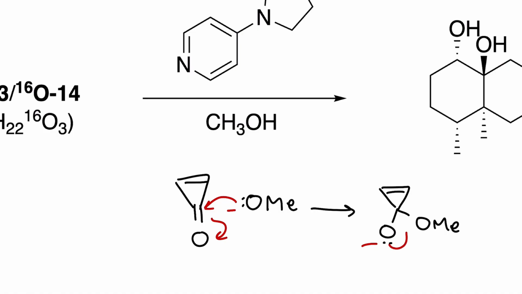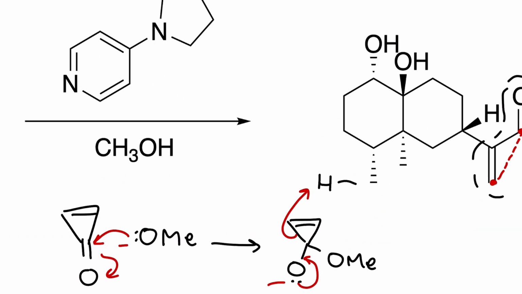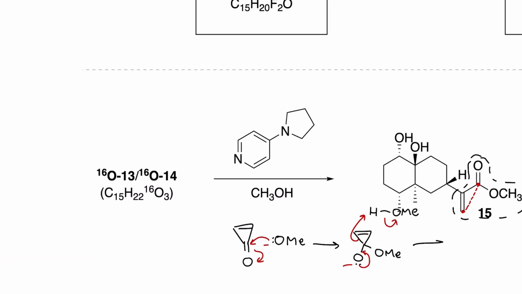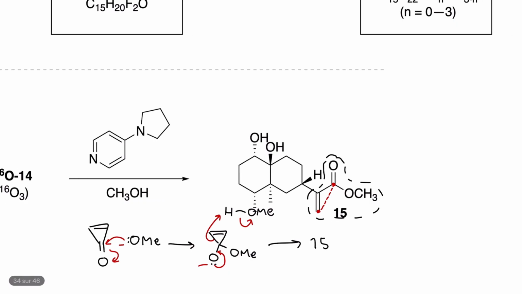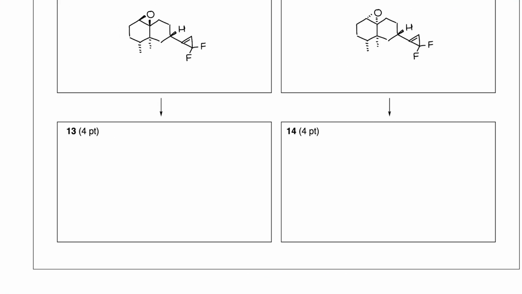And this bond will break, and this will grab a proton somewhere, maybe from another molecule of ethanol, let's say. Like so, to give something similar to 15. So what's telling me here is that in 13 and 14, the cyclopropene moiety right here is being converted into a ketone.